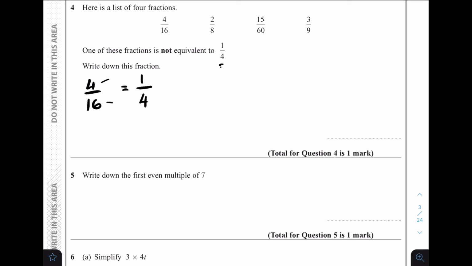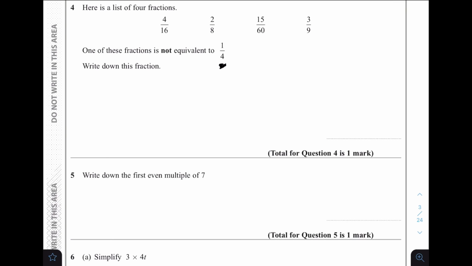Now if we consider 2 over 8, what number can we divide through by to get this as simple as possible? Well, we can divide top and bottom through by 2. So that's 1 over, and 8 divided by 2 is 4. So again, we've got the quarter that we were looking for. So this is not the fraction we're looking for here.